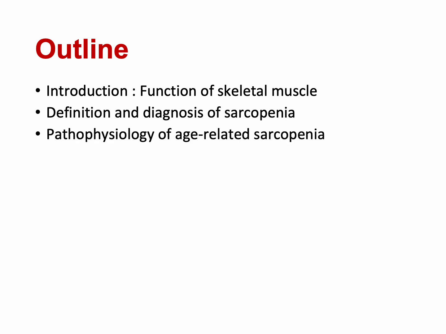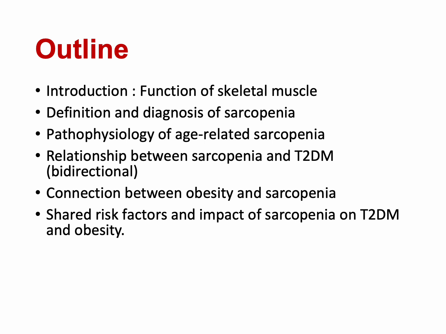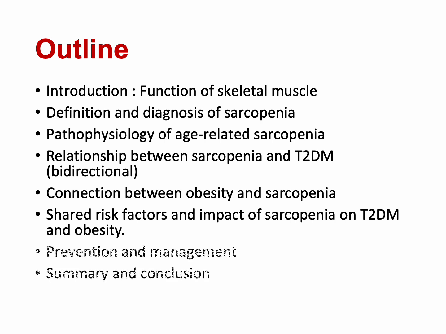Then try to elucidate the complex pathophysiology of age-related sarcopenia, discuss the bidirectional relationship between sarcopenia and type 2 DM, as well as the connection between obesity and sarcopenia. And we'll briefly discuss the shared factors and impact of sarcopenia on type 2 DM as well as obesity. And then go to prevention and management, and finally recap, summary, and conclusion.